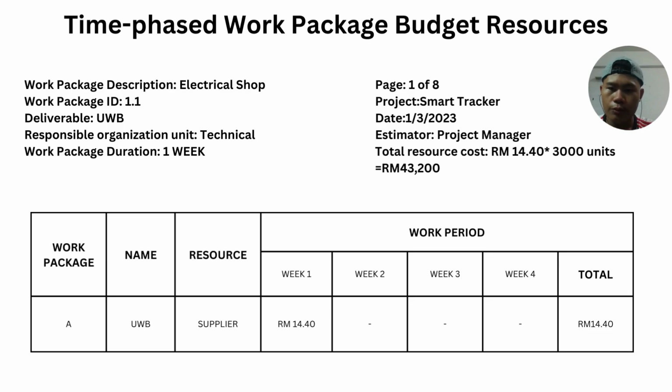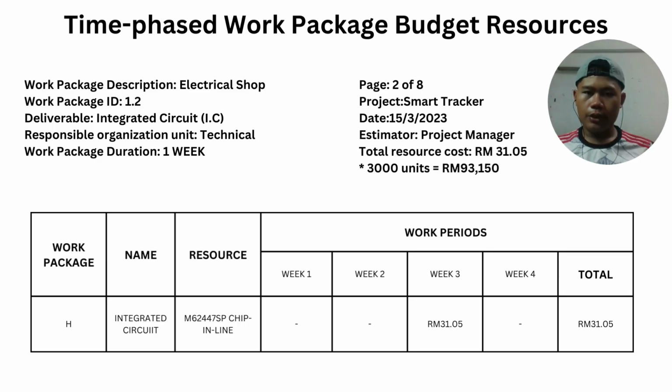The work package is A and the resources is supplier. For DWB, we take week one as the period for completing this work. The total budget for this work is RM14 and 40 cents.